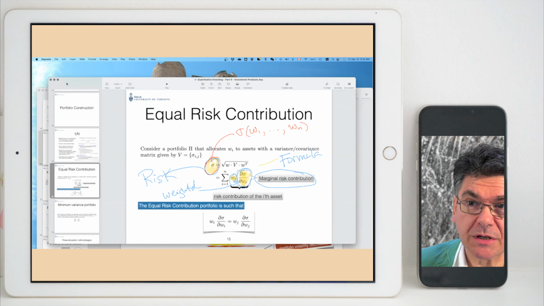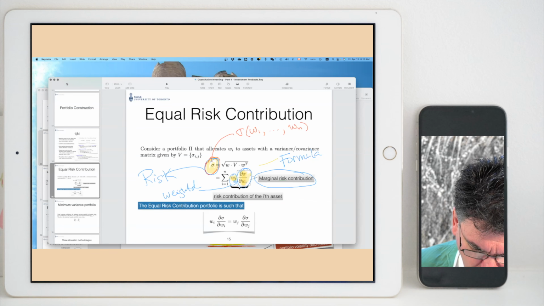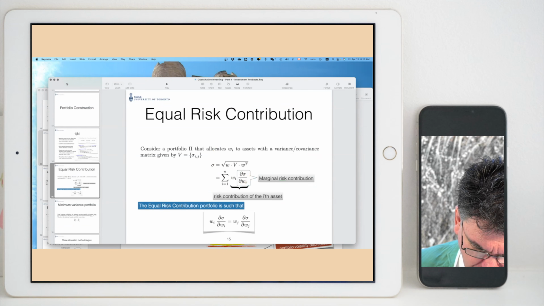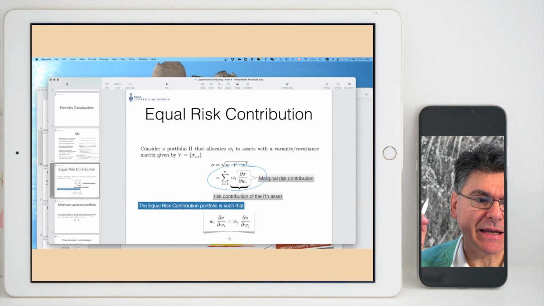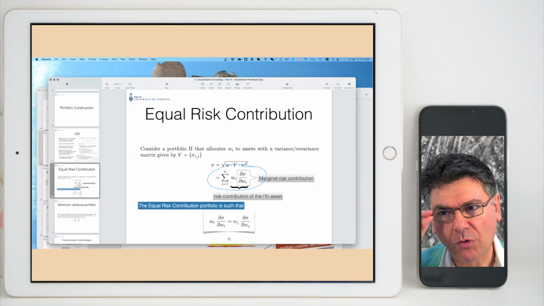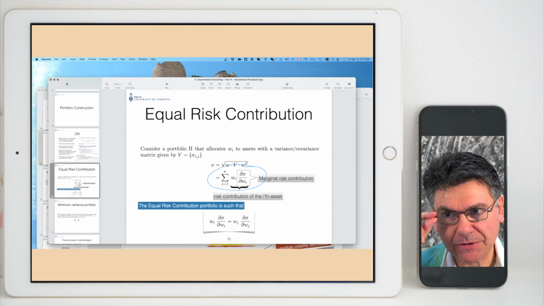This formula is very important. It's the basis for what we're developing here. From this expression that breaks down the risk into different units, each associated with each of my investments, the investors come and say, what I want is for the risk contribution to be the same for each of my investments.